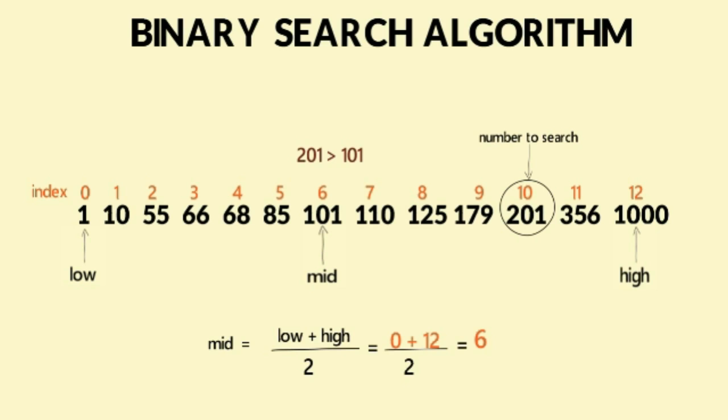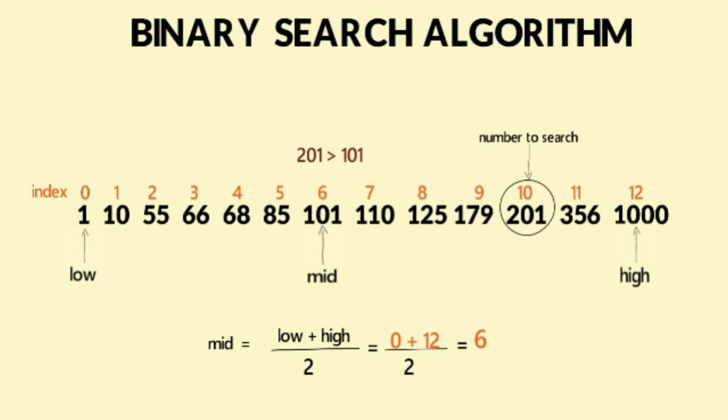So this brings us to an important conclusion: since 201 is greater than 101, which is the midpoint, and the list is in sorted order, all the numbers before and including the midpoint will be smaller than or equal to 101.